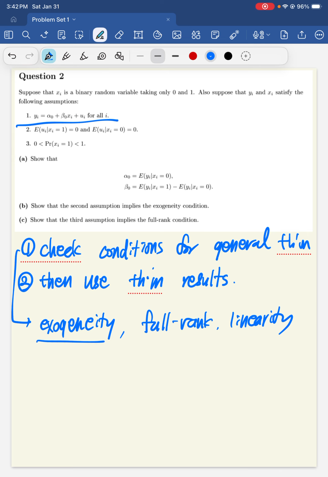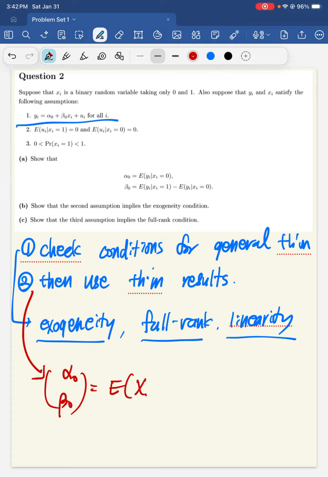And if you additionally check these two conditions, because linearity is already satisfied, then you can claim the result following these assumptions. The result is that alpha 0, beta 0 equals the inverse of this.